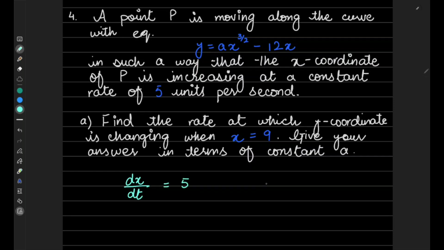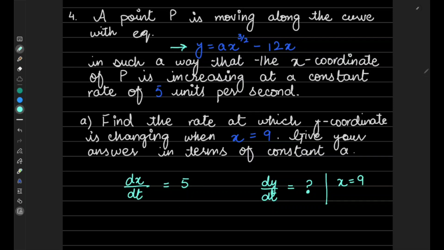What do we need to find? dy over dt, when x equals 9. And thirdly, a connecting equation is given to us.